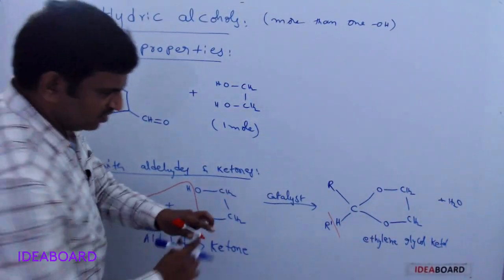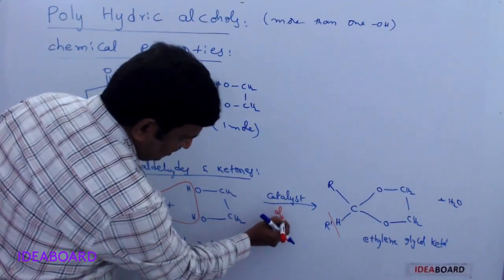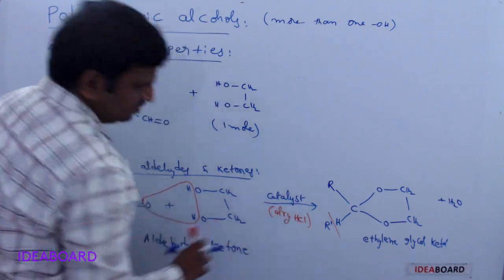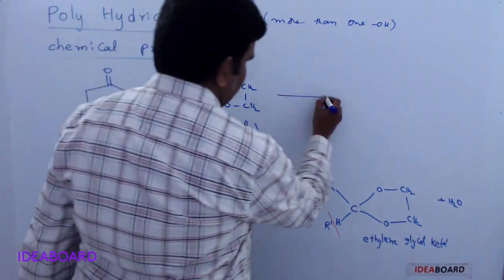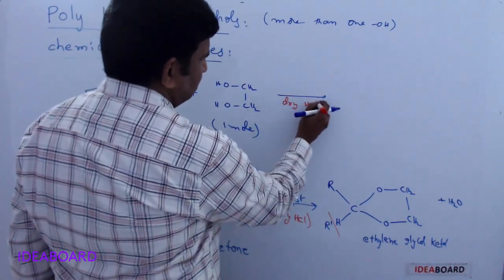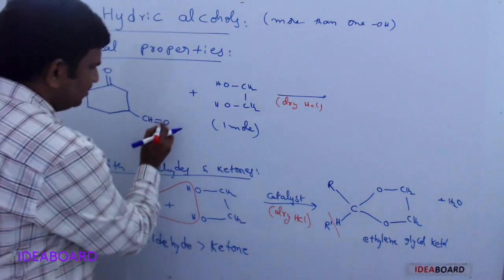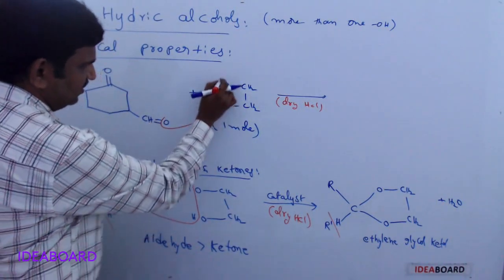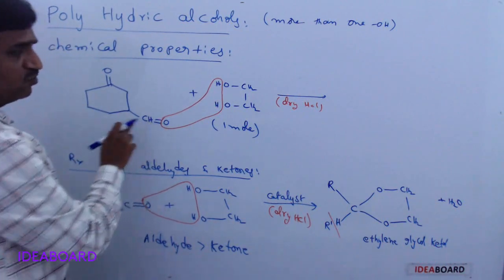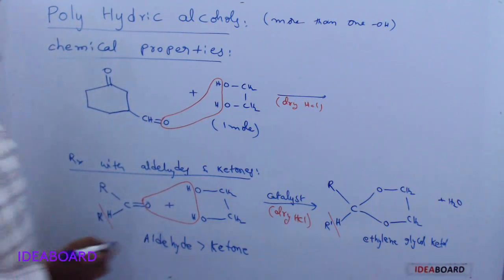Generally a catalyst is taken. This catalyst may be dry HCl or para-toluene sulfonic acid also we can use. In the presence of dry HCl or any catalyst, the reaction occurs, and here only this group is eliminated. The keto group is not affected because the aldehyde group is more reactive than the ketone.